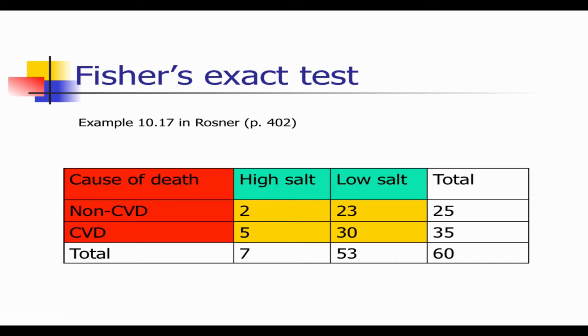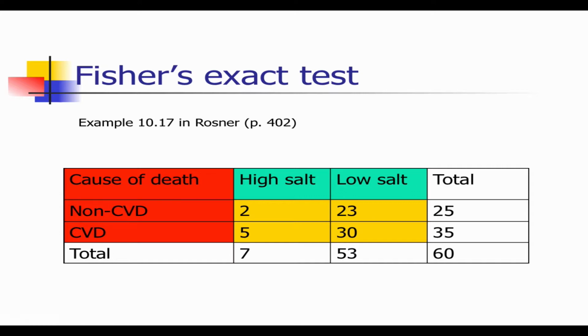Or you could have another scenario where the distribution is even more extreme, which is 7 and 0. So essentially, Fisher exact test allows you to enumerate all the possible observations that are even more extreme than your observation.